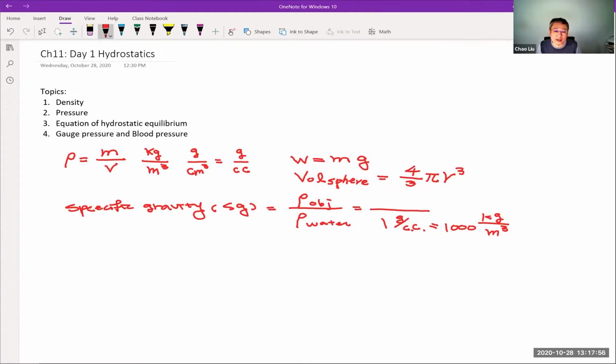Let's do one quick example over here. A simple example to find something related to the density. Okay, let me erase this one. Let's say I have a sphere, like a ball of aluminum. Okay, so this is aluminum.